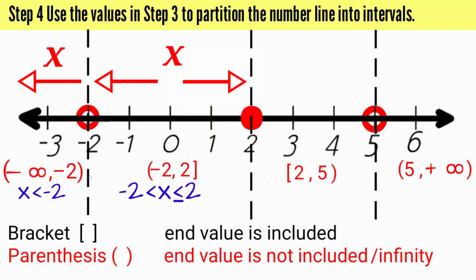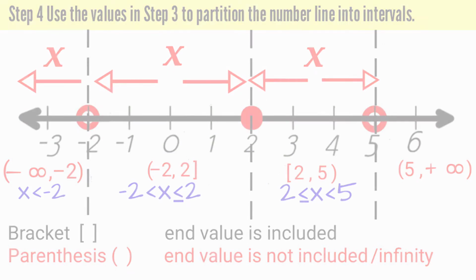The next inequality is x greater than or equal to positive 2 and less than 5, because any value x within this interval is greater than or equal to 2 and less than 5.